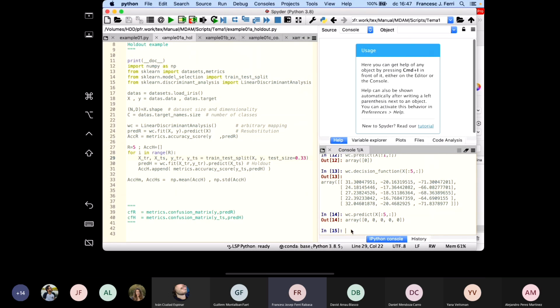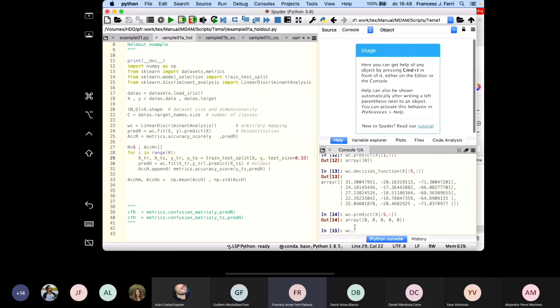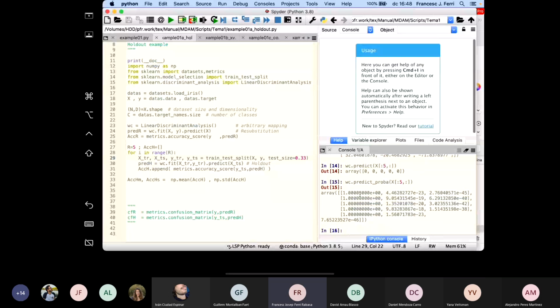For example, in this case, we also have predict proba and also predict log proba, which means that for any input, we can obtain either the prediction or the decision function or the probabilities.